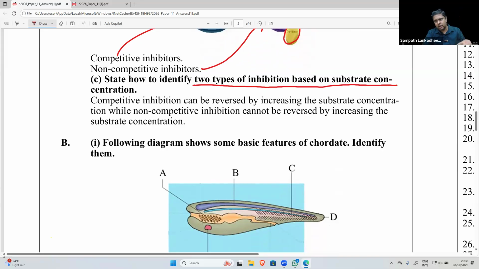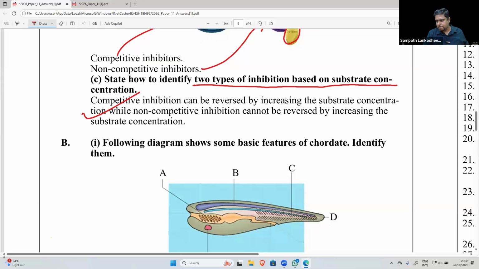Competitive inhibition and non-competitive inhibition. When the substrate concentration increases, if the inhibition reduces, it is a competitive inhibition. In non-competitive inhibition, it does not respond to the substrate concentration.